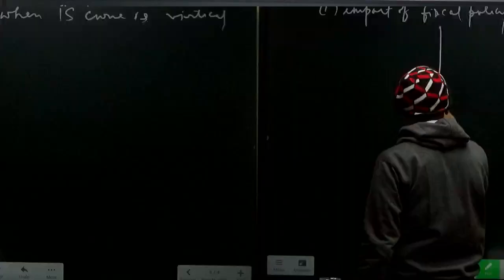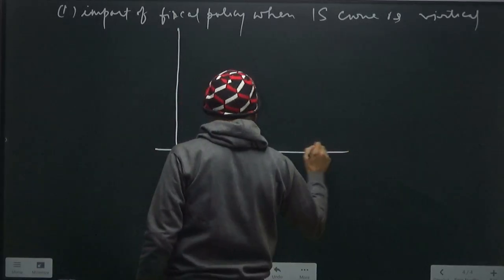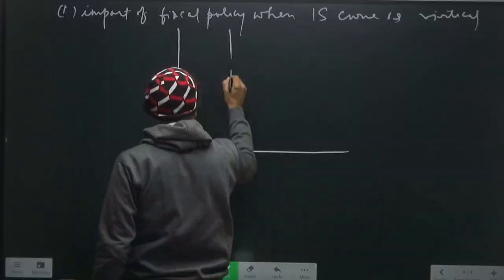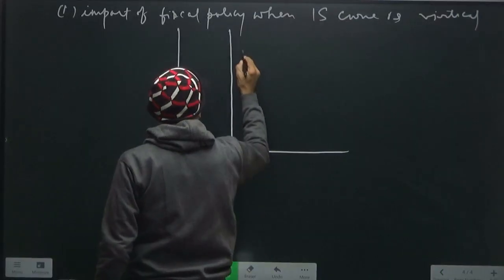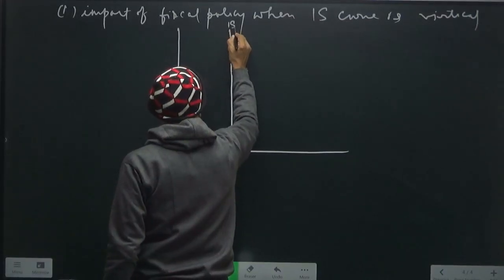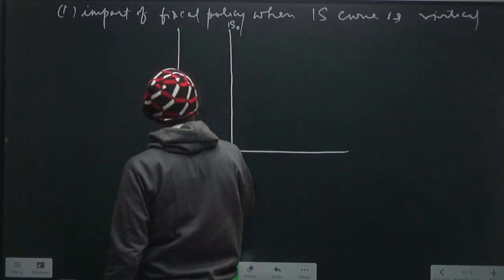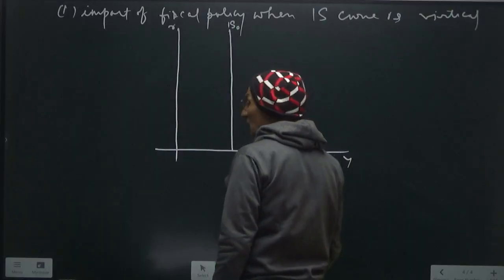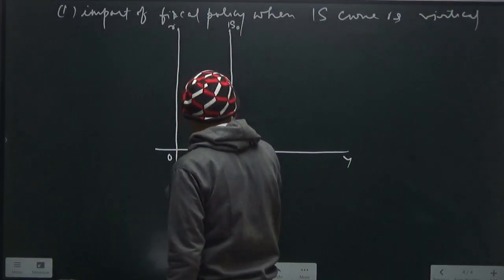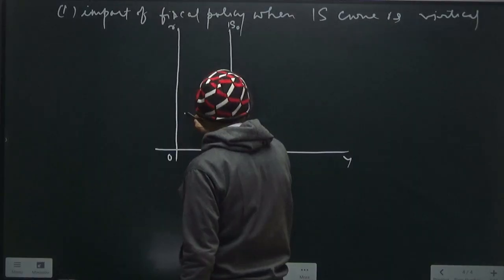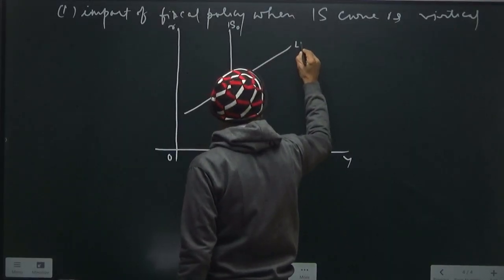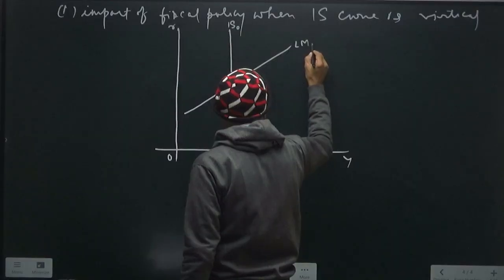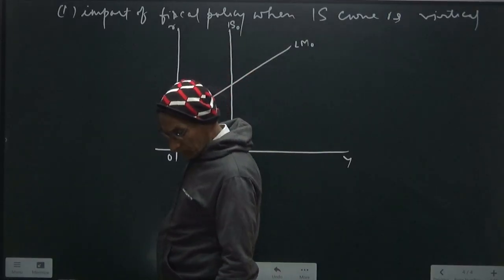You see here, you have to give the diagram like this. This is the IS curve, IS naught. Here we have R, rate of interest, and income, and this is the LM curve. Okay.